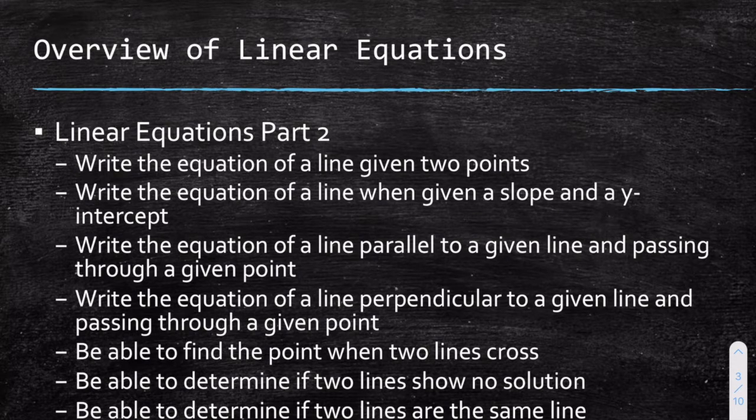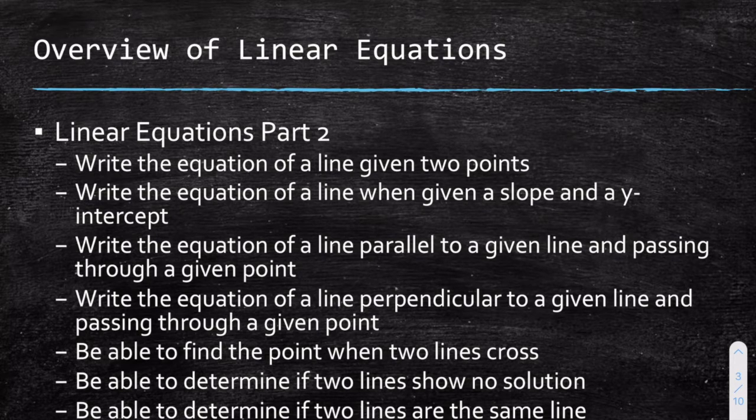On those last two, I'm just going to go over them right here and right now. To determine if 2 lines show no solution, that's always happening when you have 2 parallel lines that have different y-intercepts. So all you have to do is look for the slope of both lines. If they're the same, then they do not cross, but that's only in the case where they have different y-intercepts.